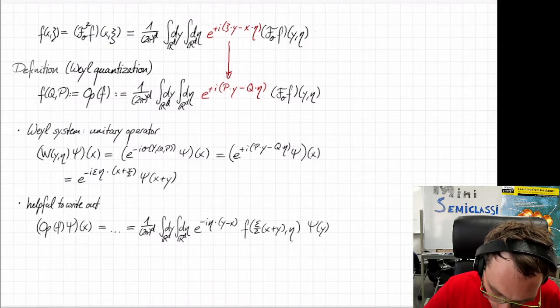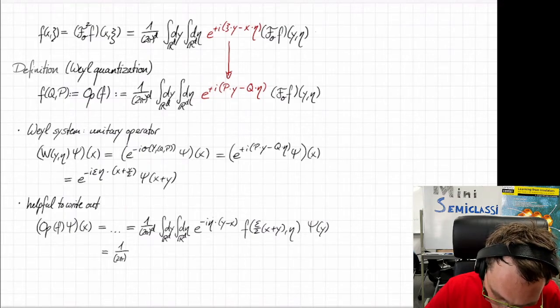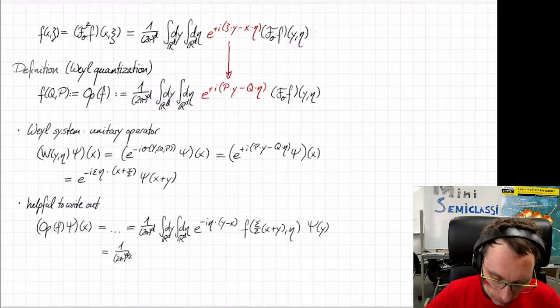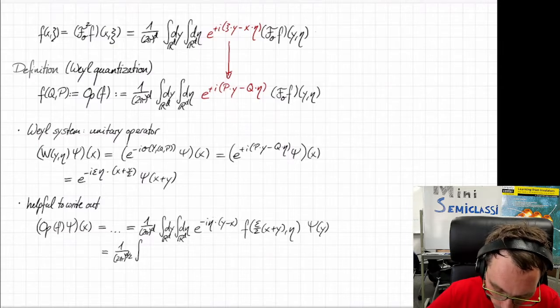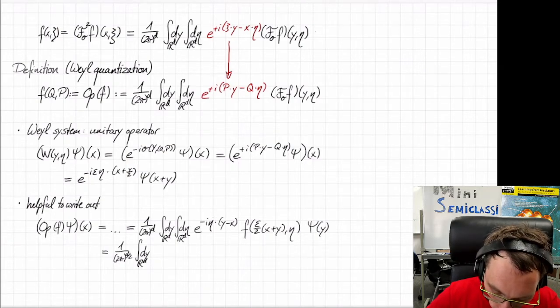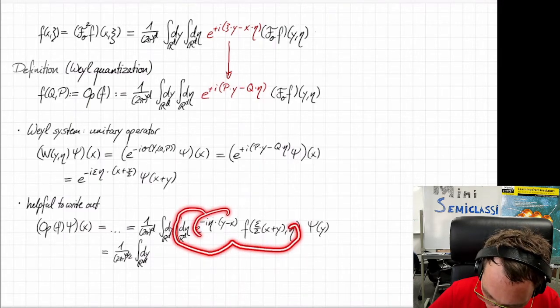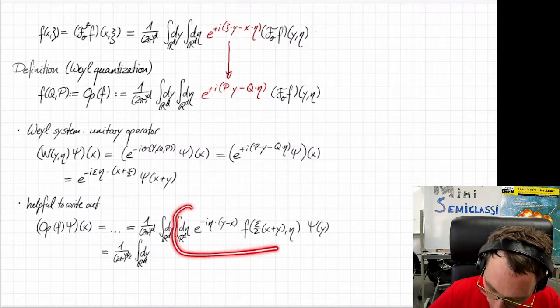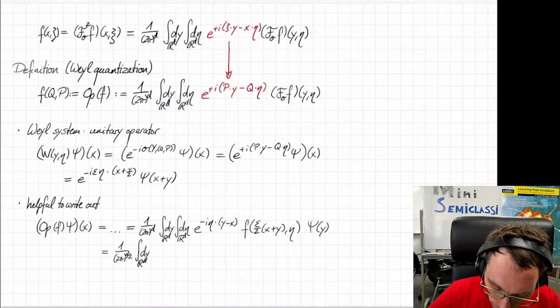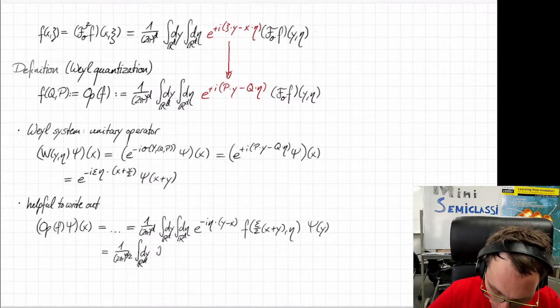And you can also rewrite this in a second way, which will be helpful when we want to extend the notion of Weyl quantization to more general functions and distributions indeed. We can just focus on the integration in the y variable. And this integral here is nothing but the partial Fourier transform in the second component.